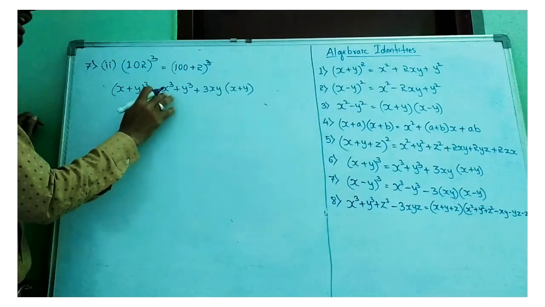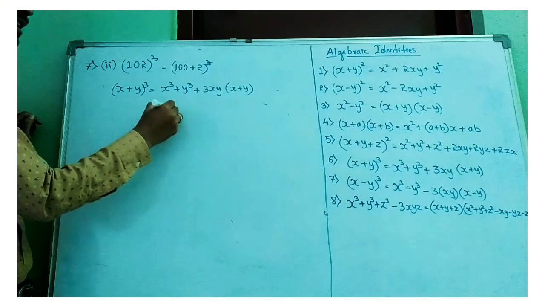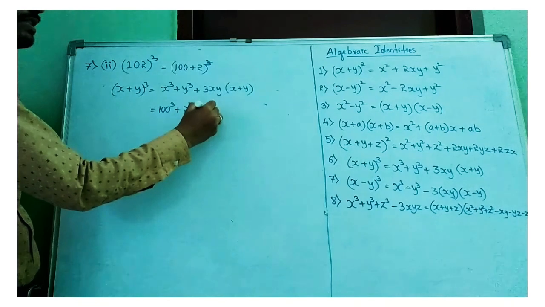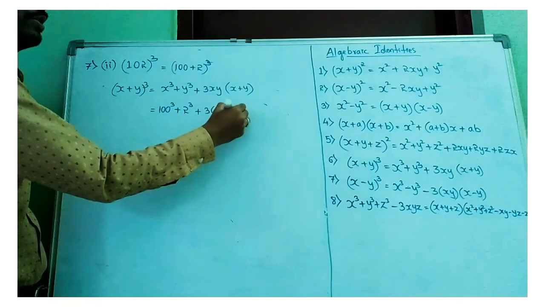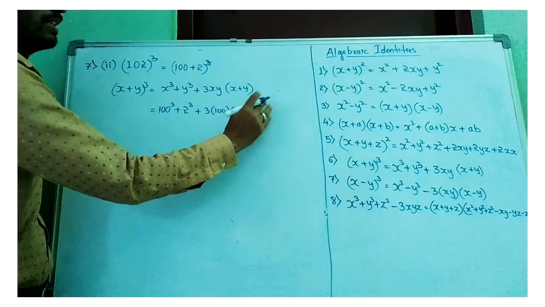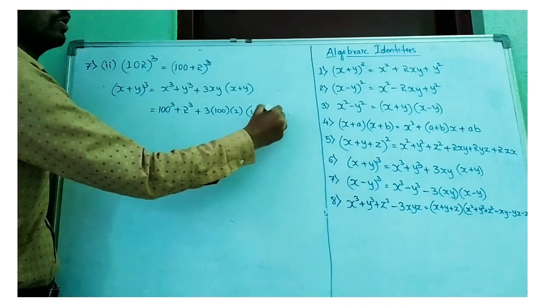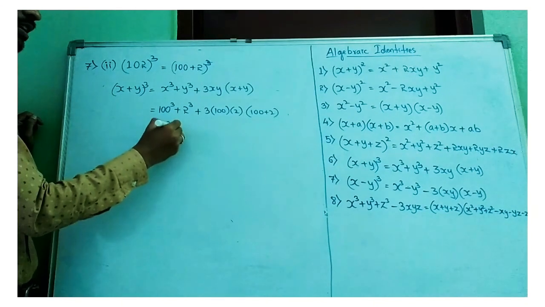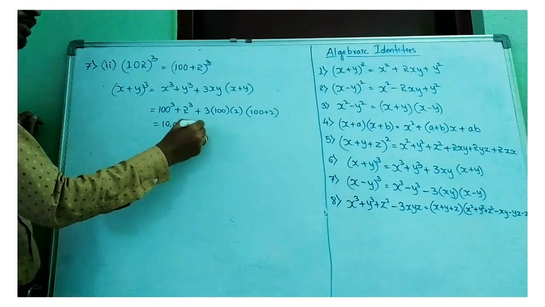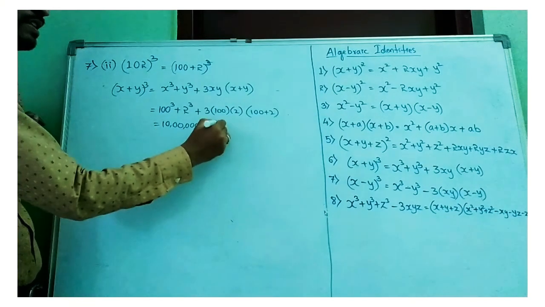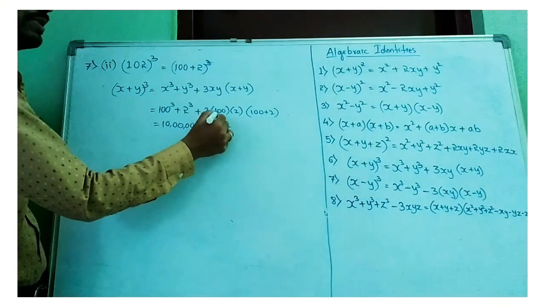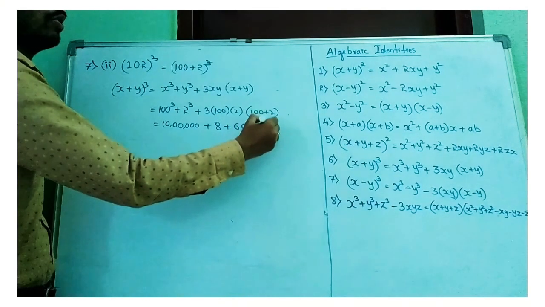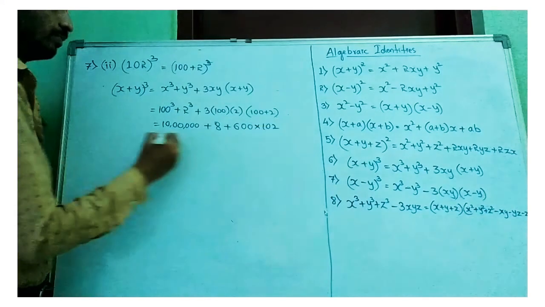So x cube we will get as 100 cube, y cube is 2 cube, plus 3 into 100 into 2, into x plus y, that is 100 plus 2. So 100 cube we will get here 10 lakh, plus 2 cube is 8, plus 3 ones are 3, 3 twos are 6. This will be 600 into 100 plus 2.